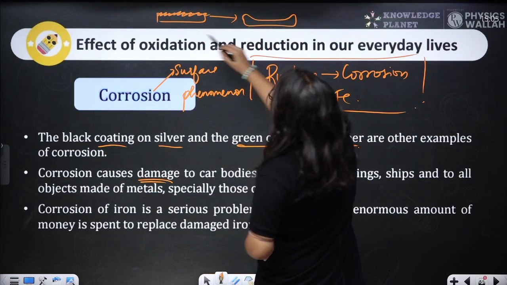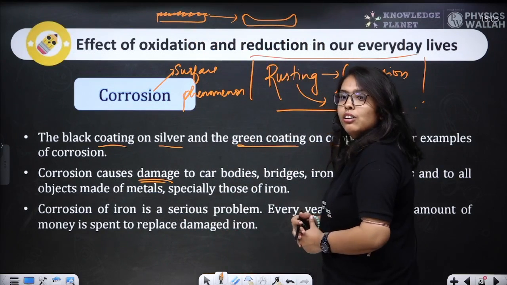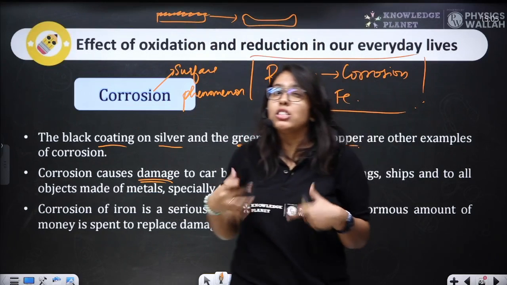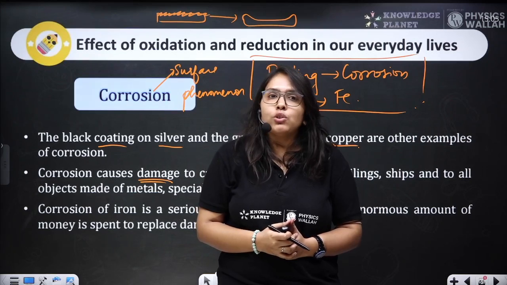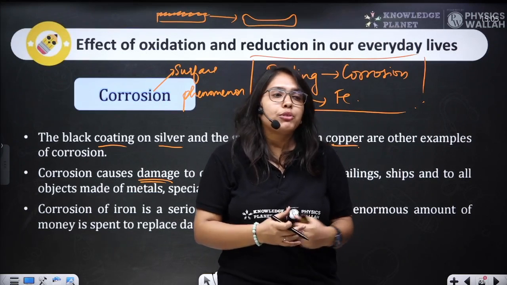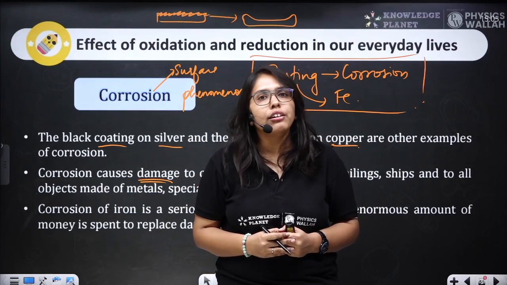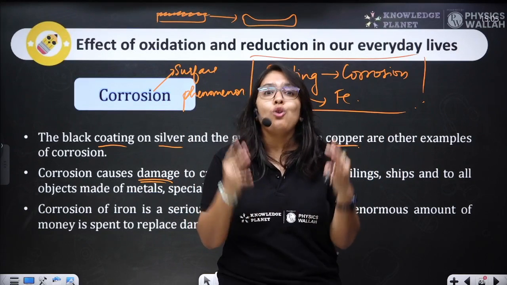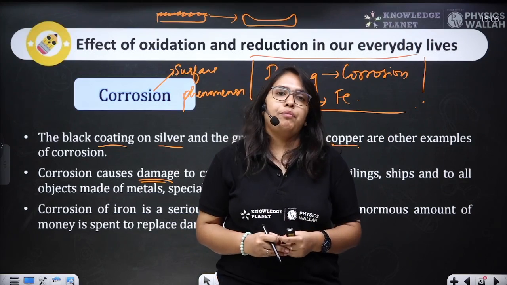Don't you see that the diameter has become thinner? So don't you think it is going to affect the strength of the iron? And imagine those huge bridges, the rods in the foundation. What will happen if they get corroded? It can cause a lot of damage, so much so that it can be fatal to life.